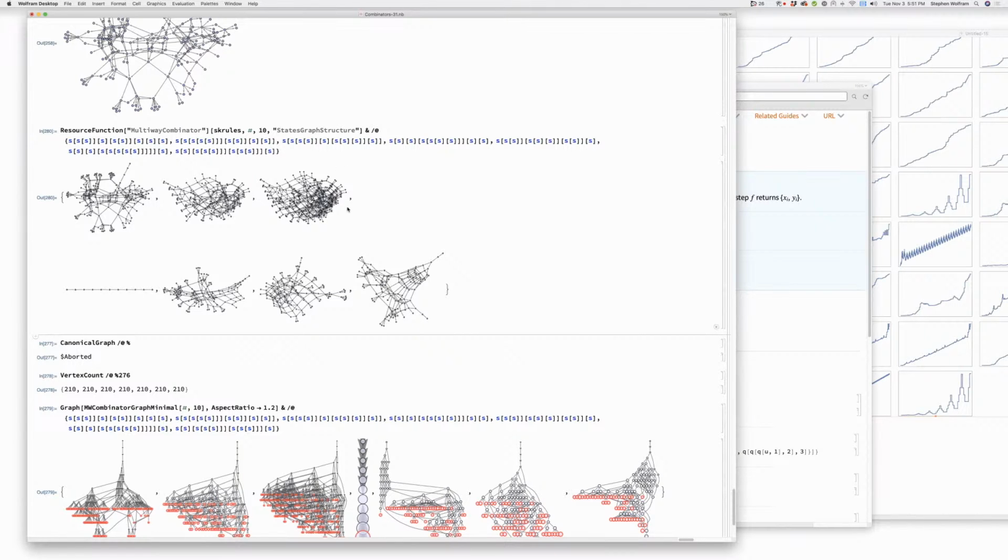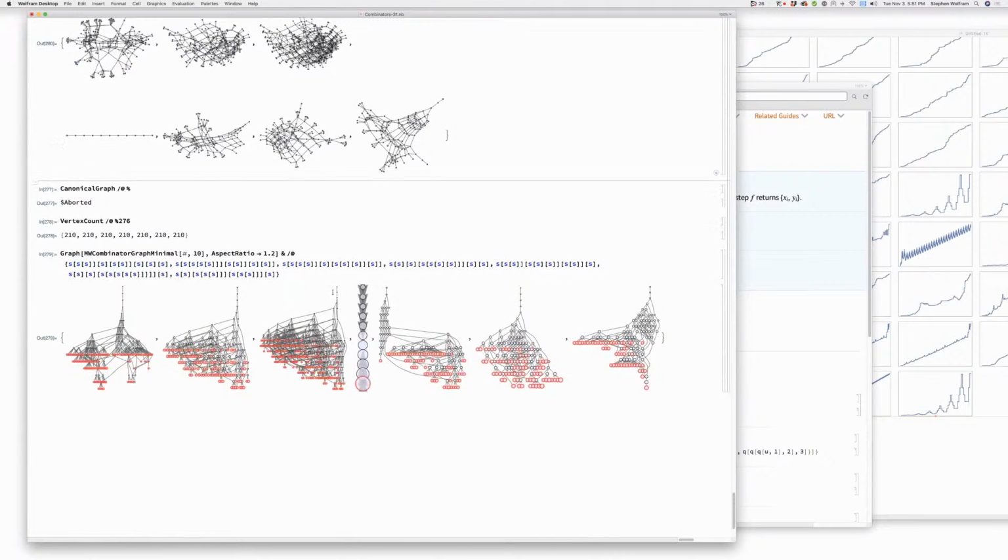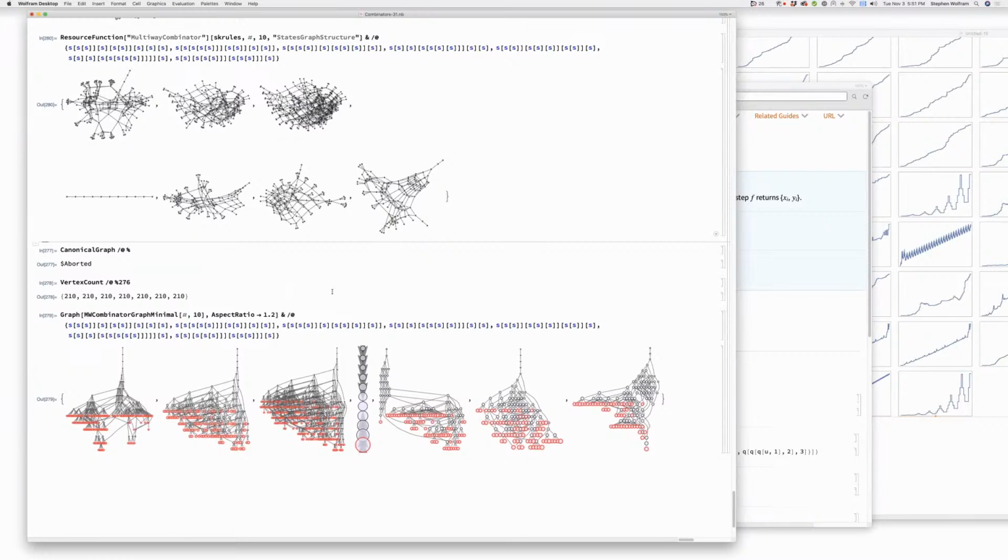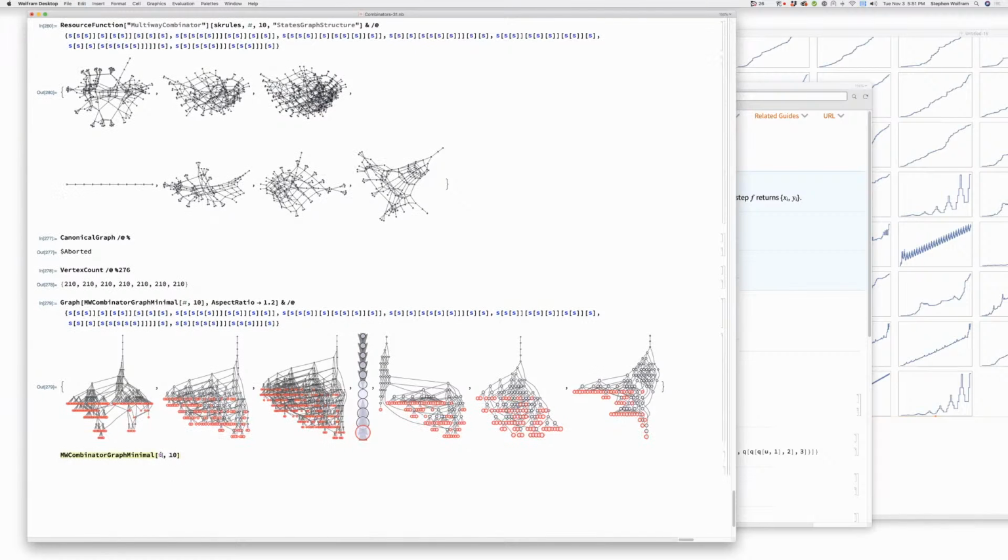Okay, what this is showing now is that one of these actually was a unique one. The fourth one: 1, 2, 3, 4. Well, let's see if it stays unique. 10 steps is unique.